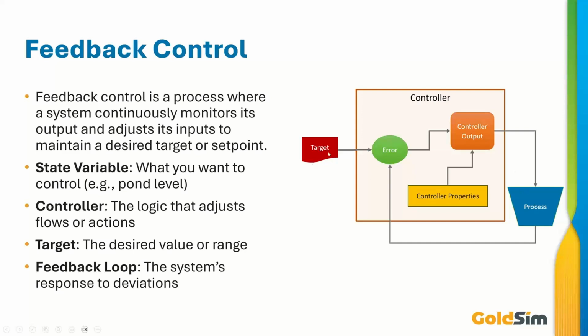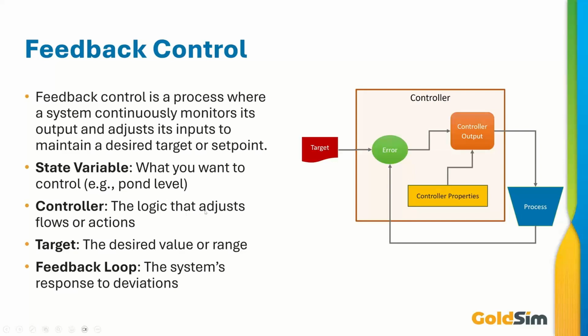If we're monitoring volume, the target must be volume. So units are compatible. We feed that information into the controller. Some properties are used, such as tuning factors, that allow you to adjust the stability in its reaction to the error. And then it provides an output that controls some sort of flow.